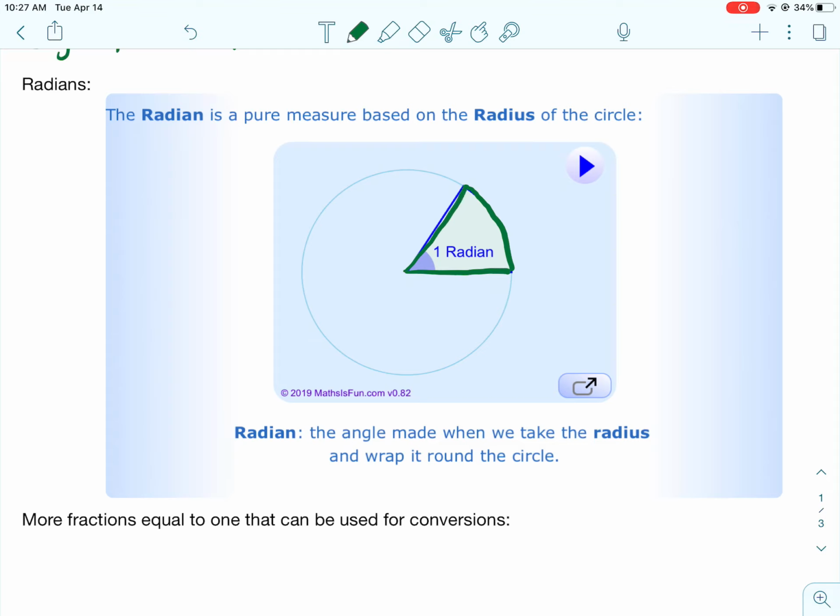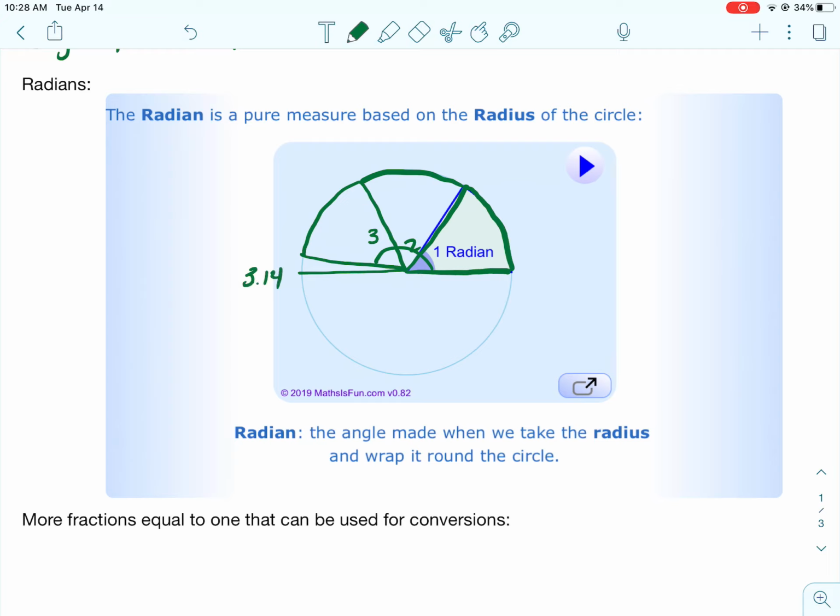What a radian is, it takes a radius of a circle and wraps it around the circumference of a circle. And then that angle forms 1 radian. Right, and then you can keep going. So if we took that radius again and wrapped it, that's going to give you 2 radians.